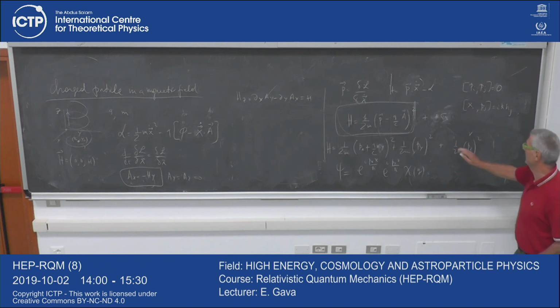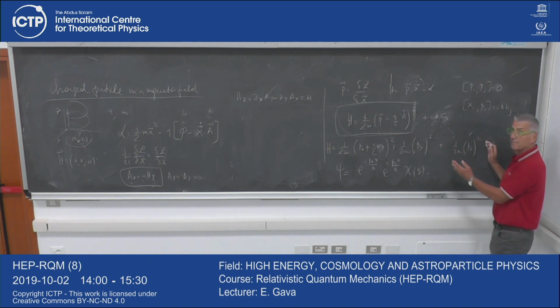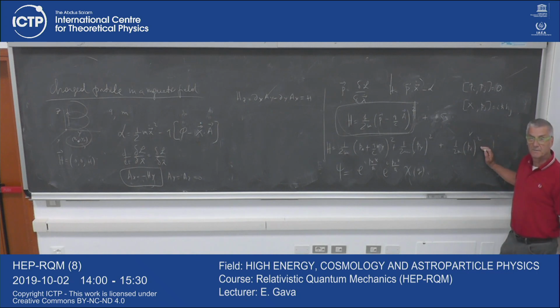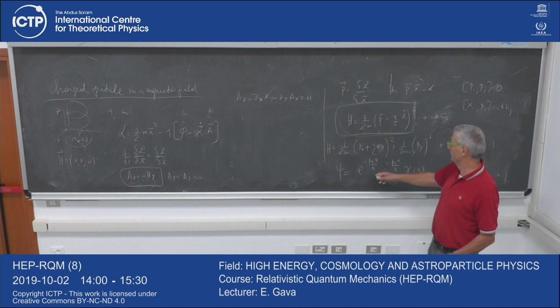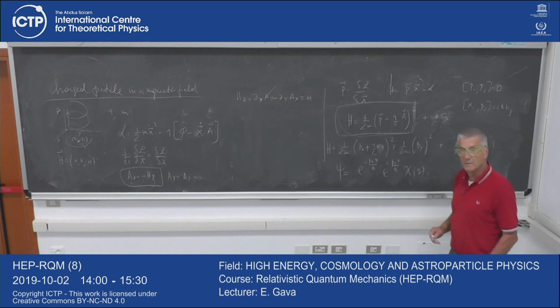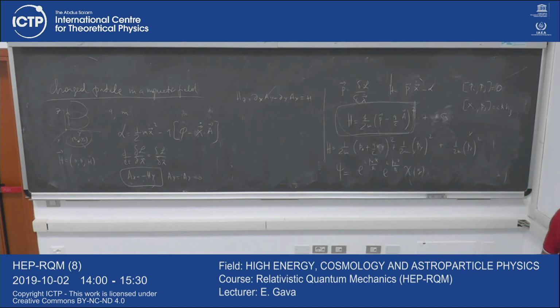Suppose you have just this term here. This is a free particle, and the eigenstates of the free particle are plane waves. And the same for the x. So we take P to be diagonal.